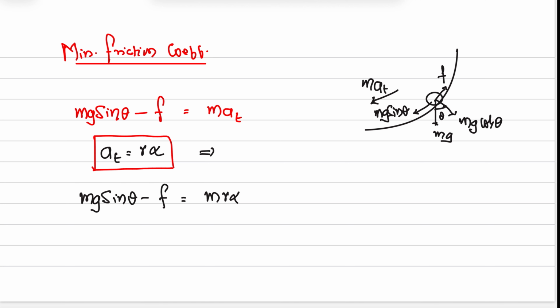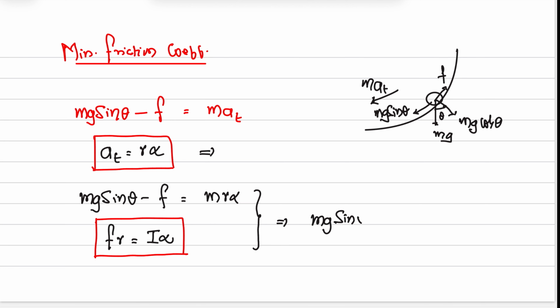From basics of mechanics, frictional force into radius is equal to moment of inertia into angular acceleration. Please remember this equation. We will substitute these values here. What happens? From this, we get mg sin theta minus Fr is I alpha.